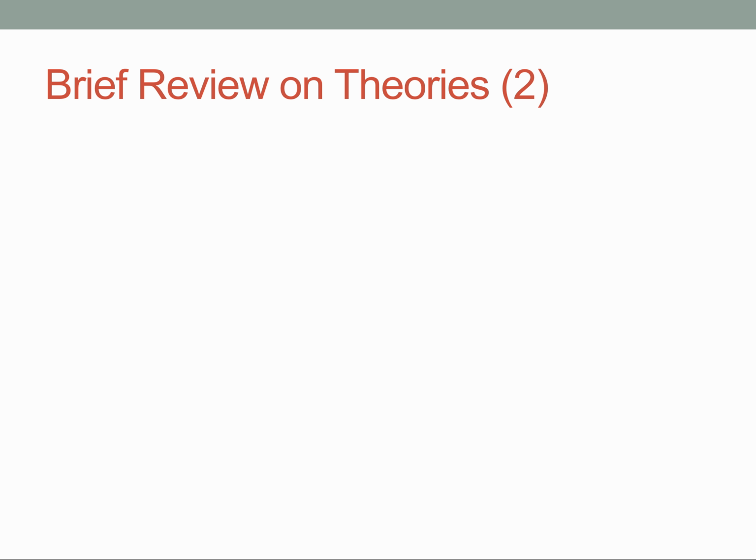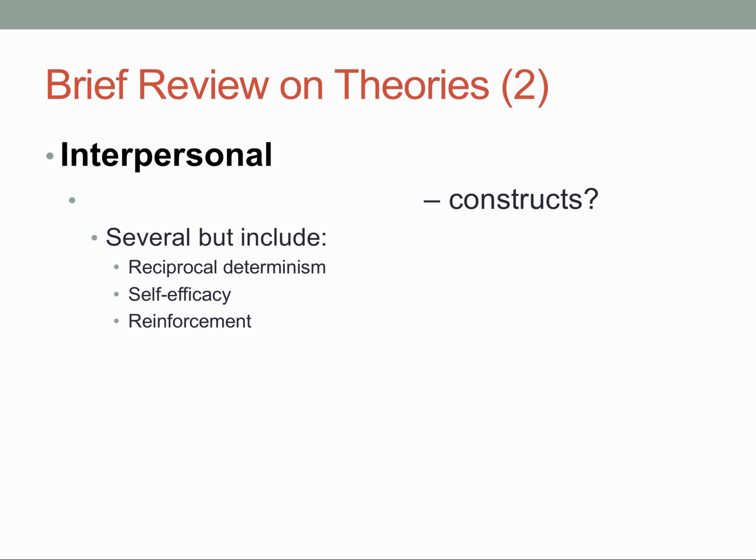There is one theory that you learned that was interpersonal, that has many constructs, but a few of them were reciprocal determinism, self-efficacy, as well as reinforcement. This was the social cognitive theory.